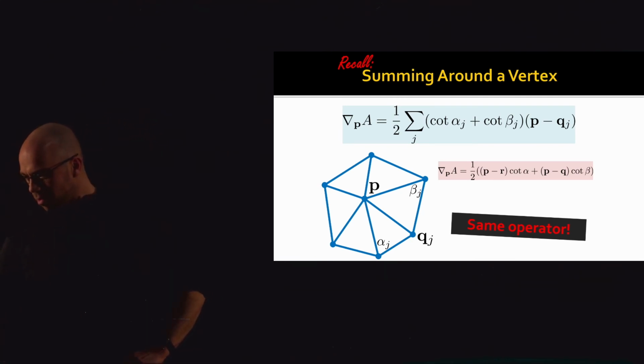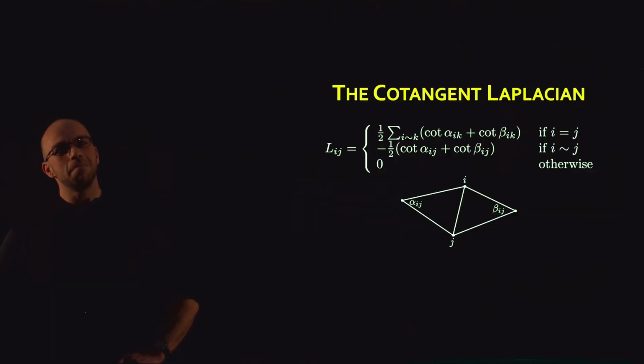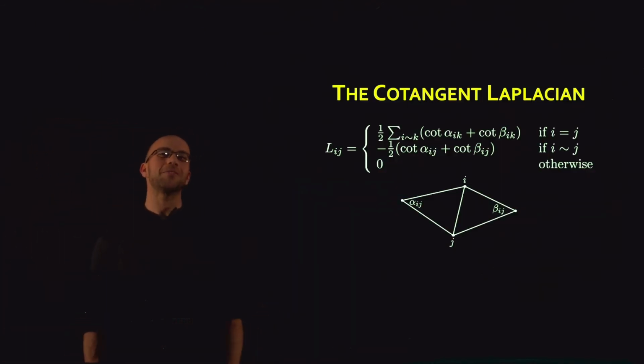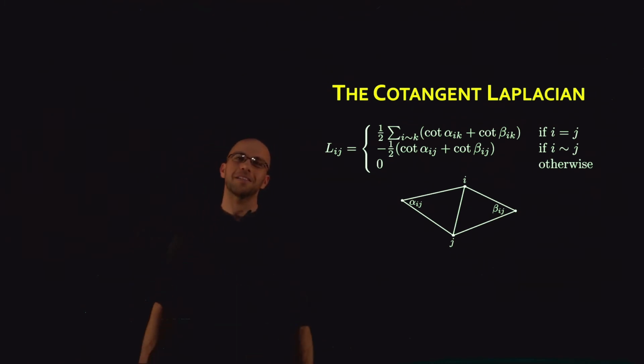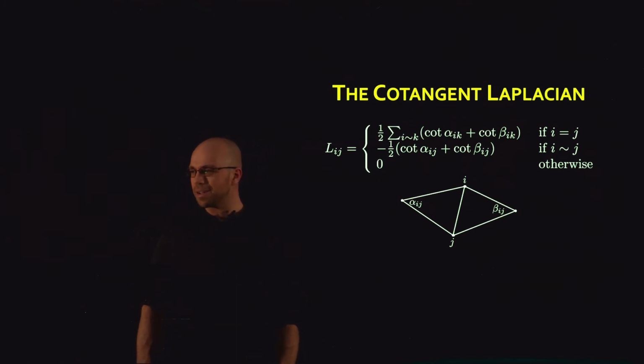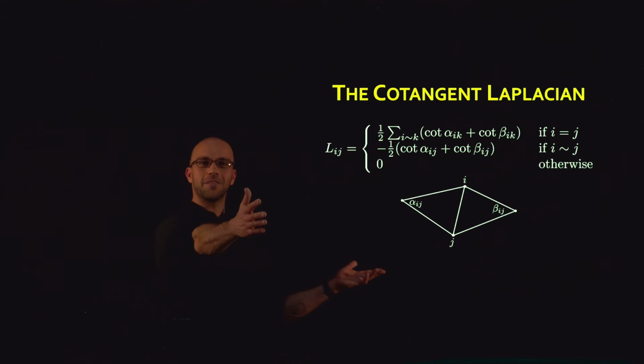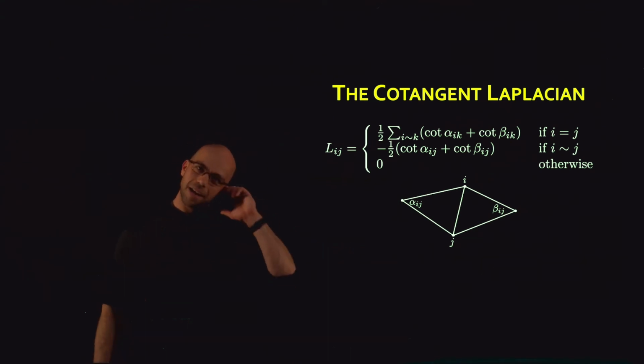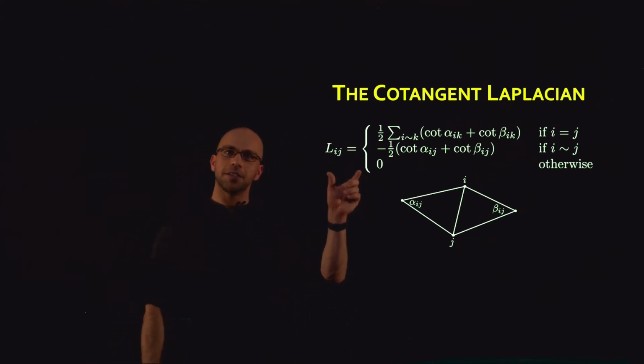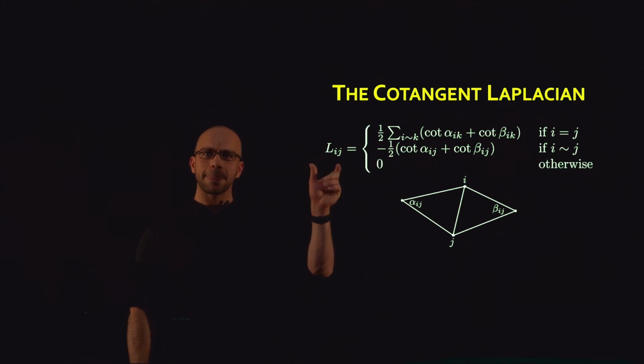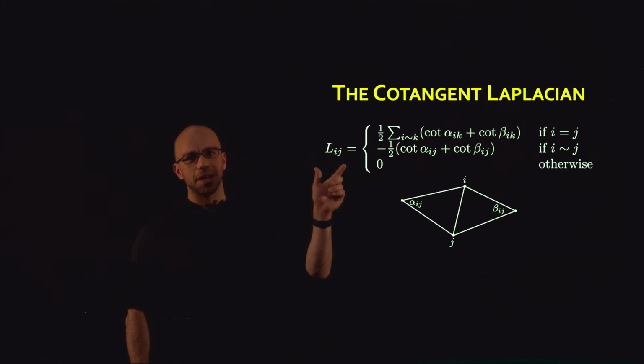Okay, so what does that lead us to? Well, we end up with a matrix, which is extremely famous in the world of geometry processing, known as the cotangent Laplacian. And here you are looking at it in its full glory. So again, how did we define the cotangent Laplacian, Lij? Essentially, Lij is the inner product of the hat function at vertex i with the hat function at vertex j.